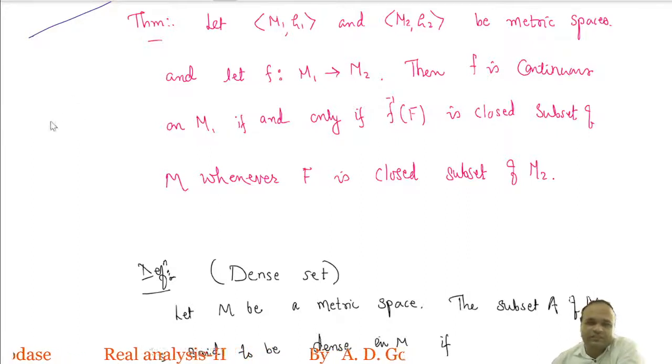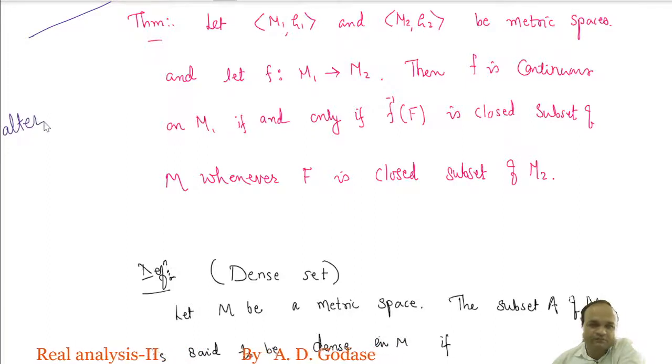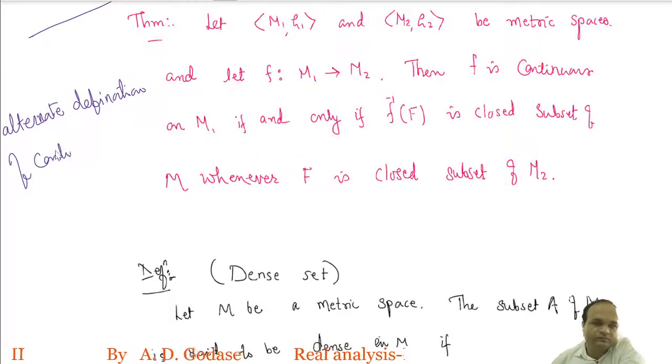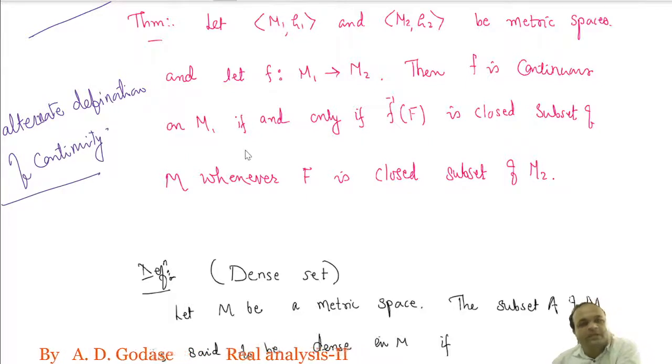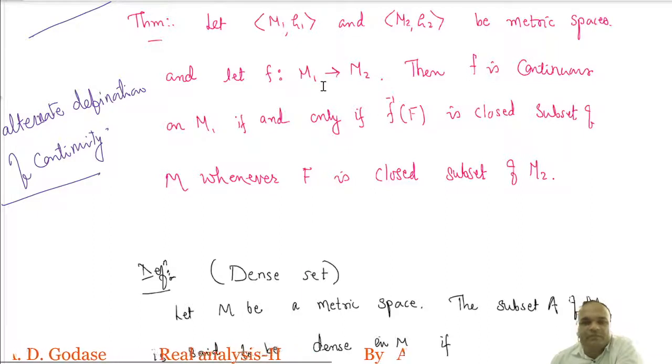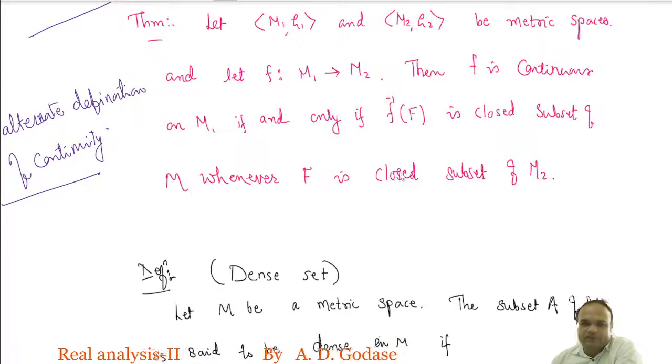So this is another, alternate definition of continuity. So F is a continuous mapping from M1 to M2 if and only if the inverse image of F is a closed subset of M1 whenever F is a closed subset of M2.